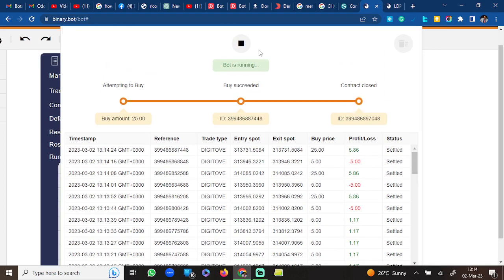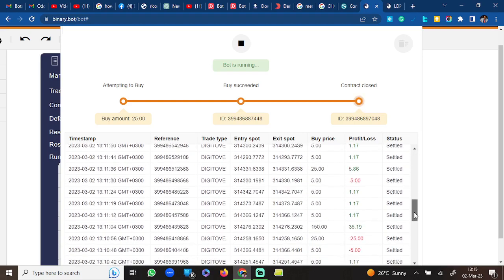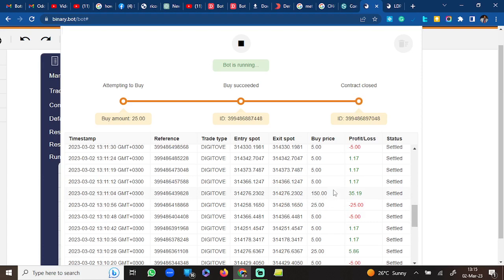Yes, the bot has stopped. It cost us this $5 here, and it could be so unfortunate you've lost this 5 and you also lose this 5, and then the bot demands $150 because there's a point we lost twice consecutively here. The bot needed 150. Yes.